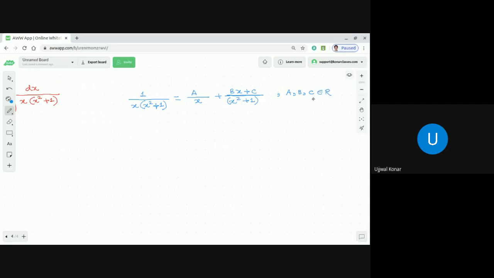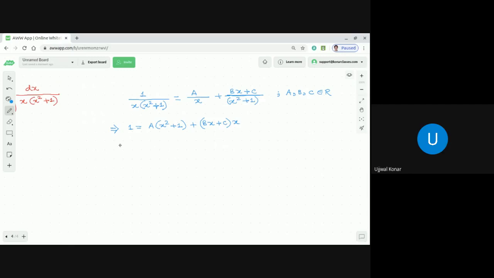It is constant. So now we just concentrate on this linear expression. So left hand side is 1, right hand side is a into x square plus 1, plus bx plus c into x. Correct, no?